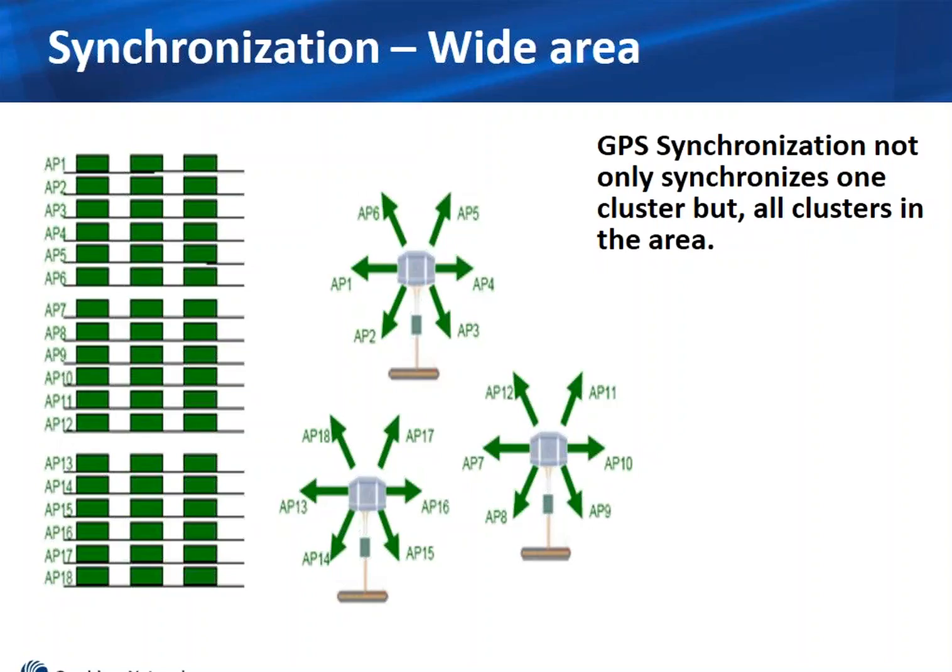That's the key reason we utilize GPS. GPS is heard throughout the world and is a proven solution that lets us perform this type of synchronization well with our radio solutions.